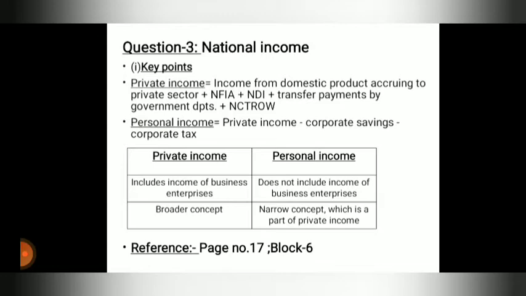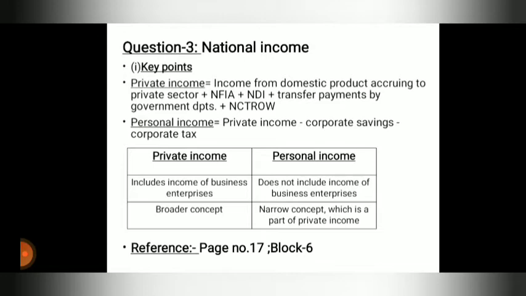Then we are coming to the third question. The basic idea here is national income. The basic point is we are differentiating between private income and personal income. First of all, you can either explain national income first and then come to private income, which is your choice.